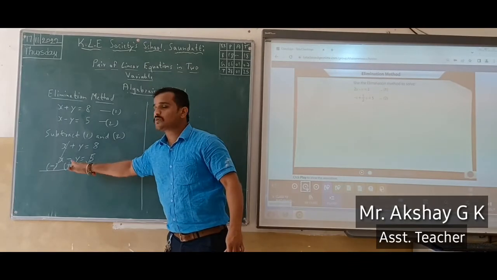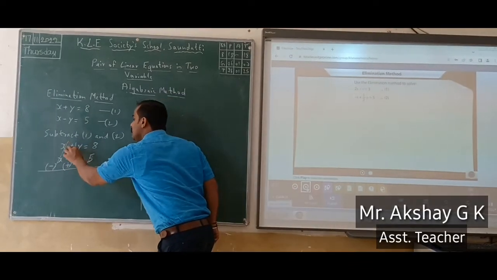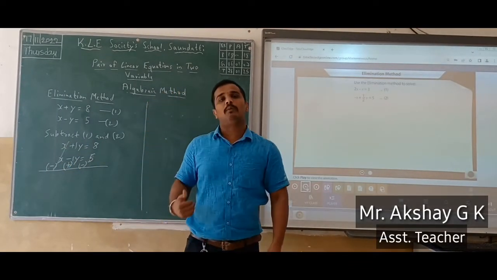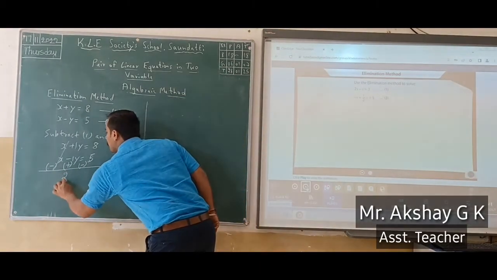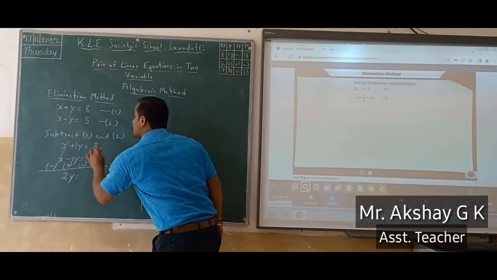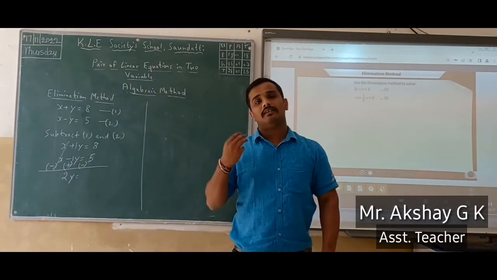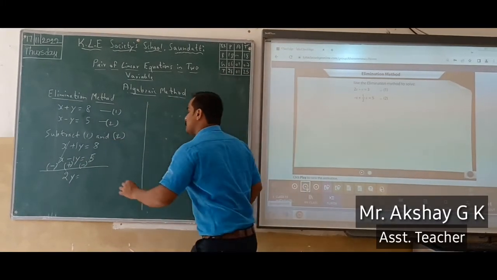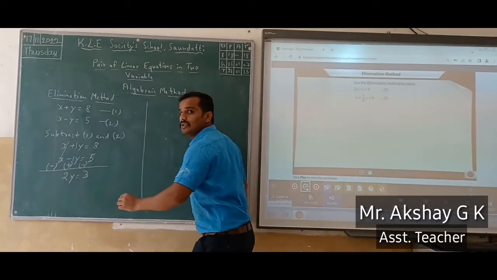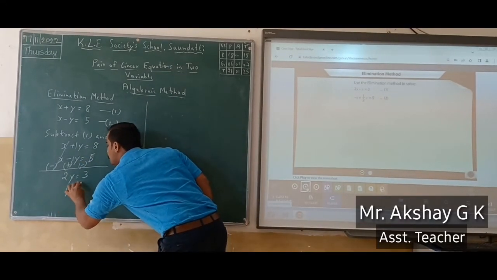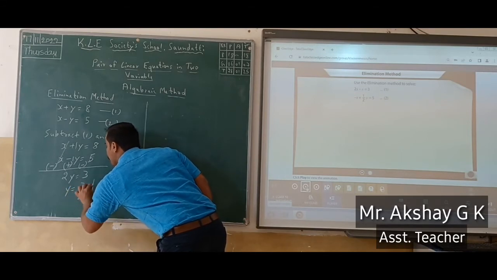Plus y, nothing is there, meaning 1, plus 1y is nothing but plus 2y. 8 minus 5 is nothing but 3, plus 3 because 8 is the bigger number. So 2y is equal to 3, y is equal to 3 by 2.